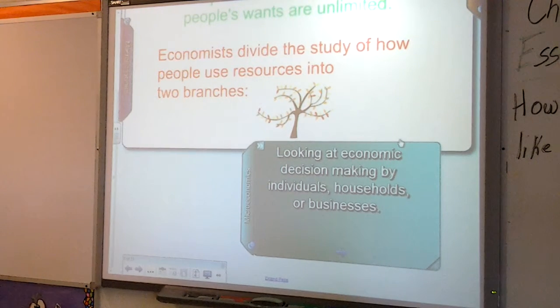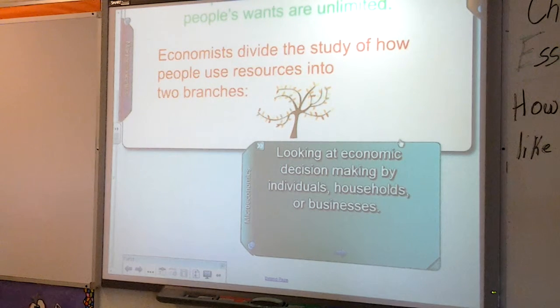How do you make decisions in your own house as far as spending money? How do individual businesses decide how to make these economic decisions? So macro is the whole picture, like the whole economy.